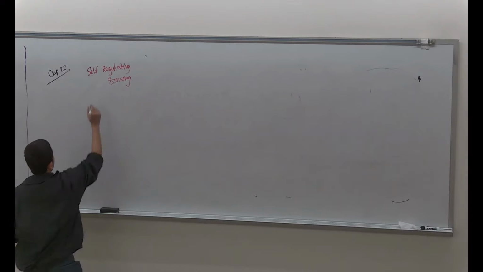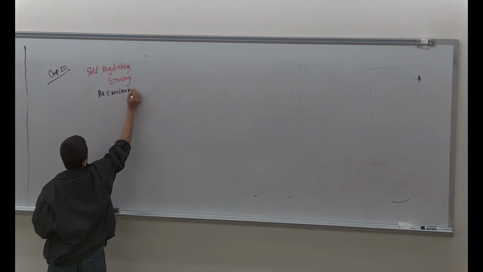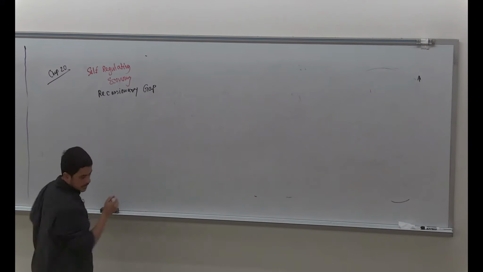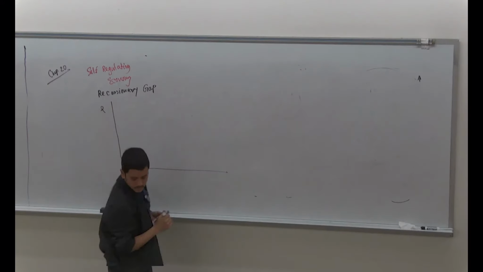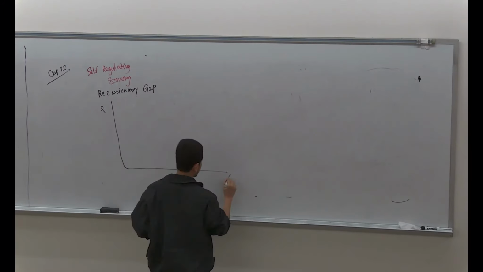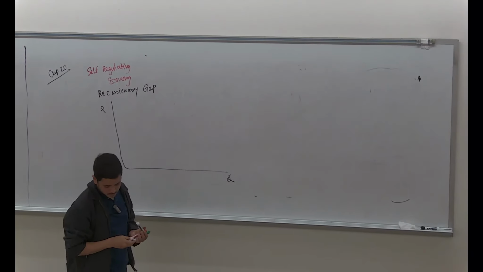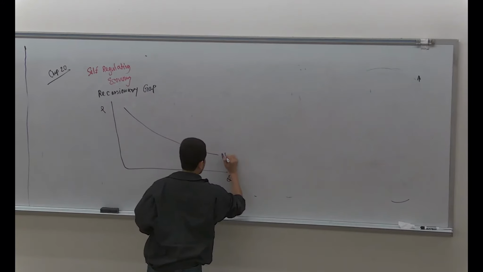Suppose the economy is in a recessionary gap. Let's say this is P, this is real GDP, and this is our aggregate demand.